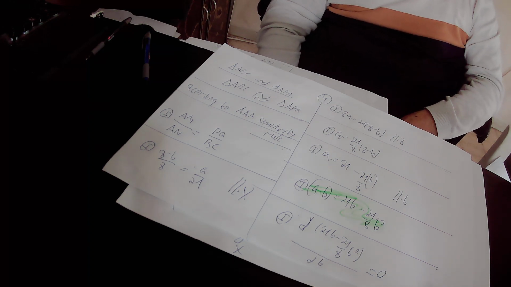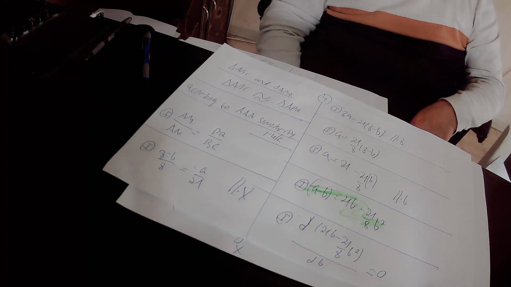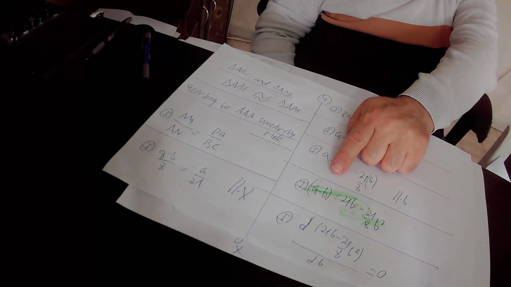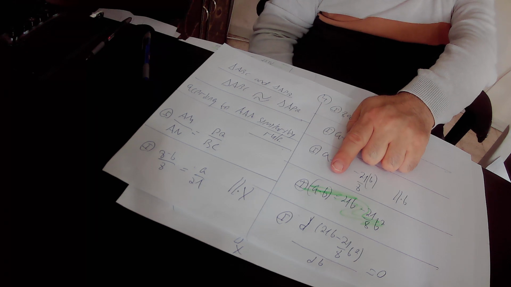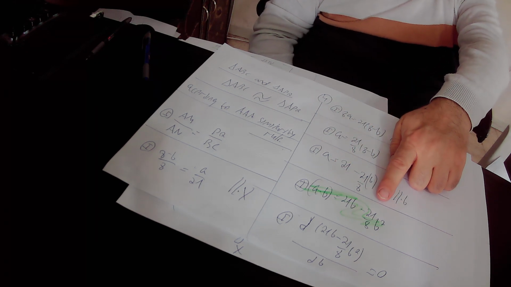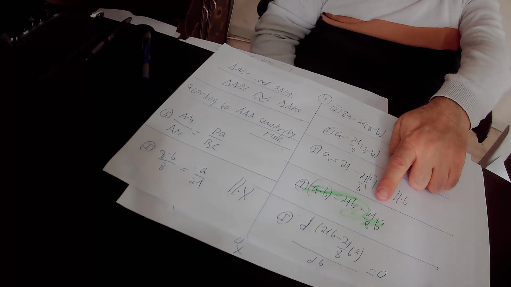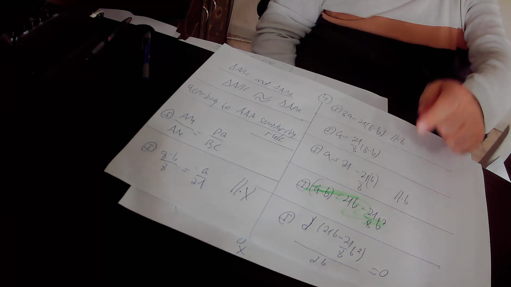In order to find the maximum value of A times B, that is the area of rectangle PQST, we will differentiate this area function, and we will equate its derivative to 0.